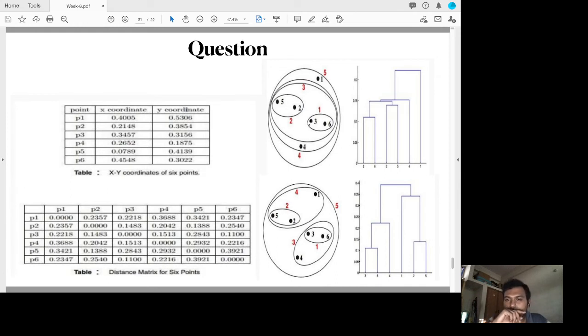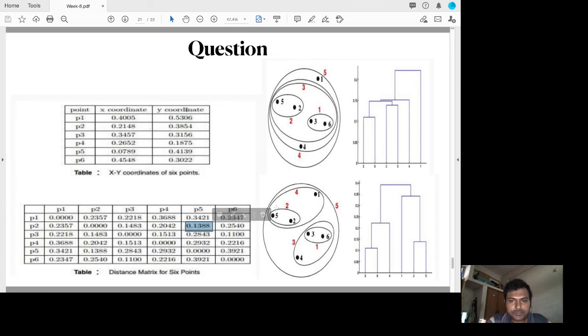Between 2 and 3, no? Between 2 and 3. So in this distance matrix which is given, between 2 and 3, the distance is 0.1483. I hope it is visible. Yes, you highlighted it. So it is 0.1483, and if you see the distance between 2 and 5, it is 0.1388.